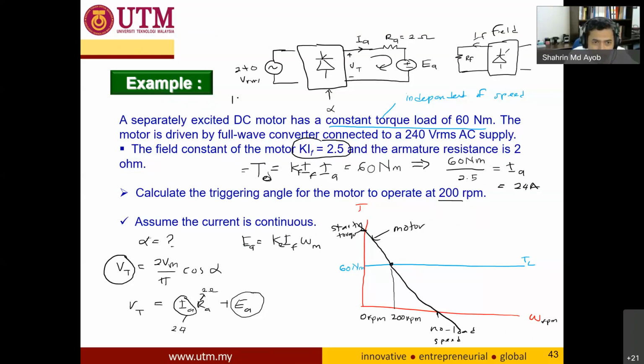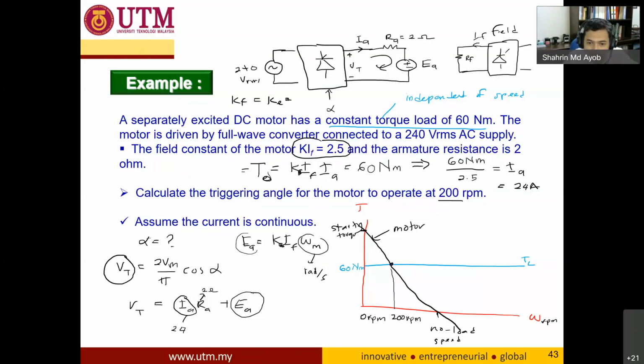But usually KF and KE are the same, so we just use K. So E is equal to K IF speed. But the speed here must be in radian per second.